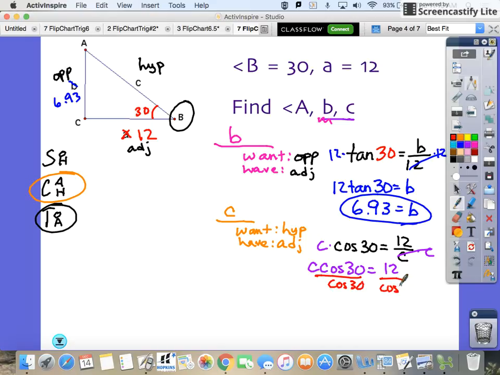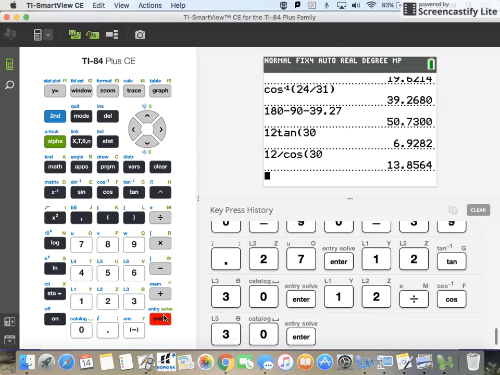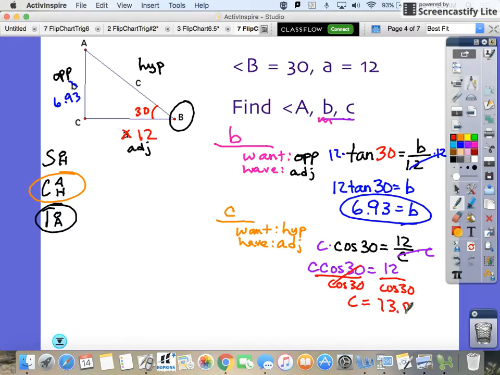But again, you guys might have noticed that pattern by now. If you did, great. If not, that's fine too. So C equals 12 divided by the cosine of 30. That's 13.86. All right, those are our two missing sides.